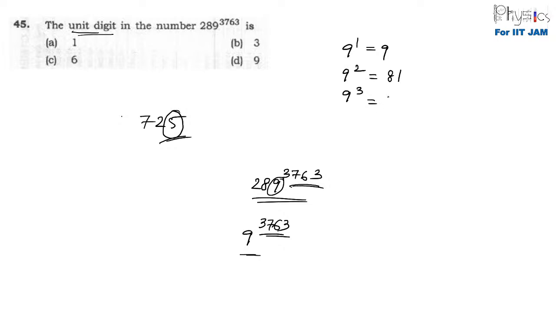Let's calculate 9 times 81, that is 729. Now 9 to the power 4, times 9, means 6561. And if we calculate so on, see what is common here.